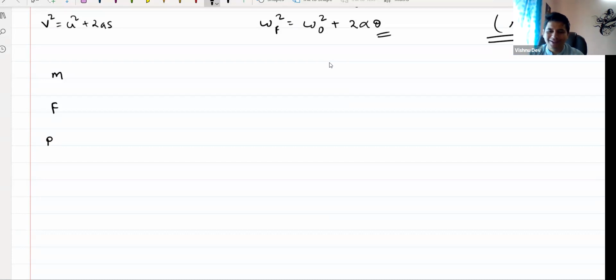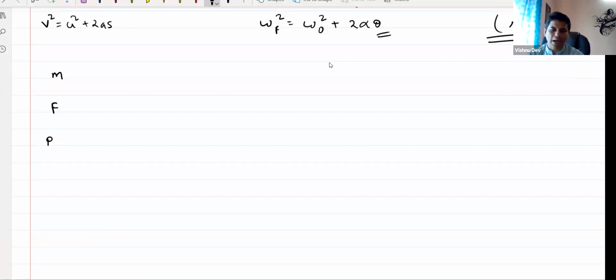Not kick. For example, suppose this is a door and this is the axle. If you push from this point, this point, this point, do you feel any difference? Think about it.